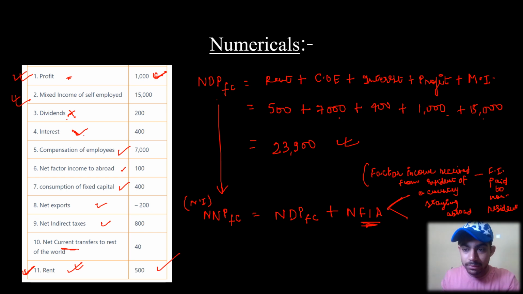Let me clear it in a better way. Factor income received from the resident of a country staying abroad.